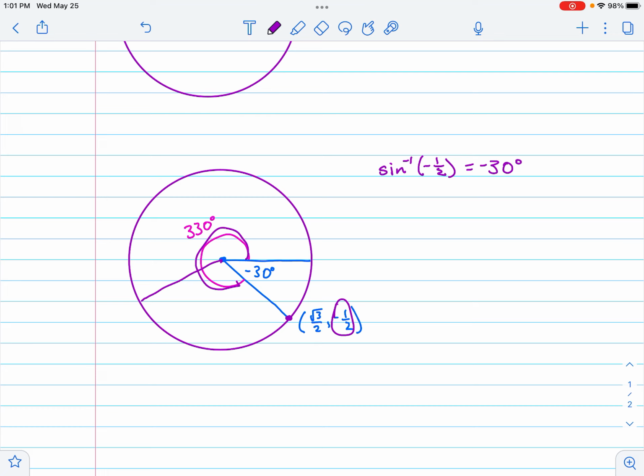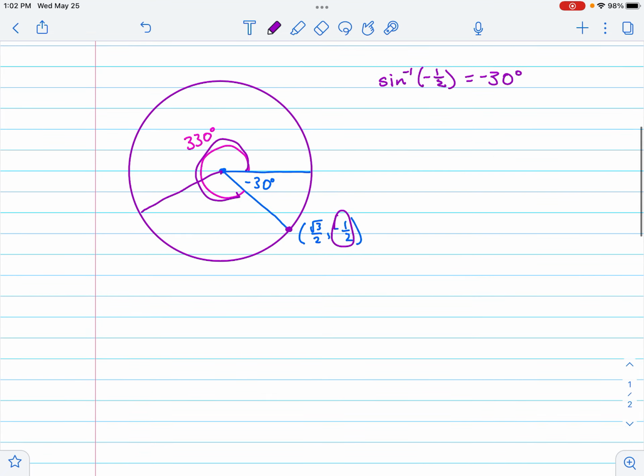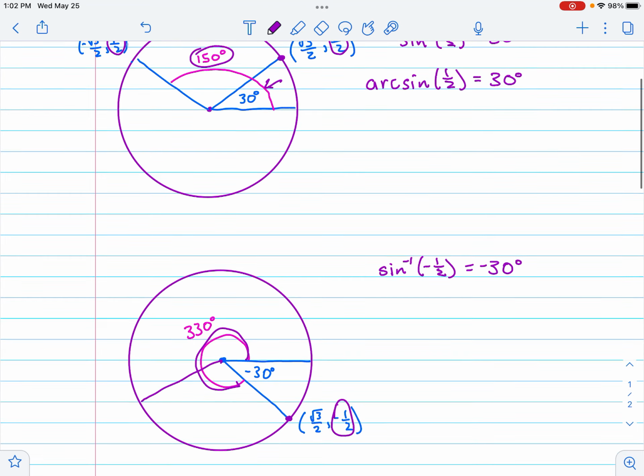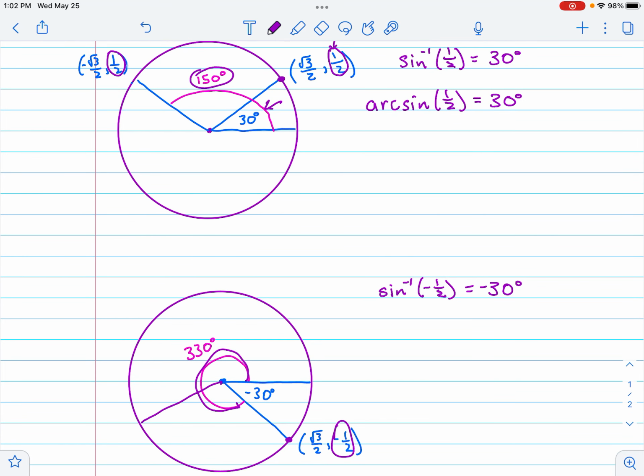So that's the way we do sine, cosine, tangent. Those are the three we're working with. We pay attention to the range of the outputs. You can be asked to evaluate inverse sine, inverse cosine, inverse tangent, like this.